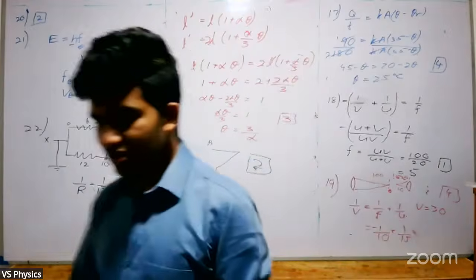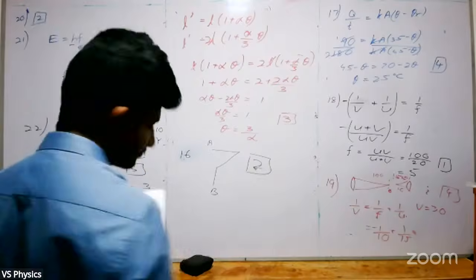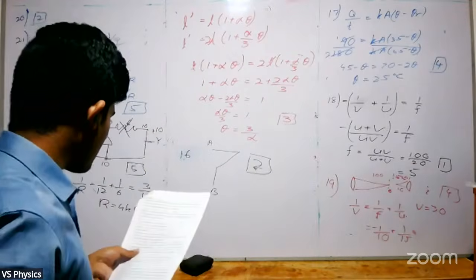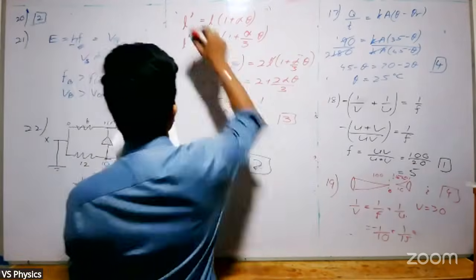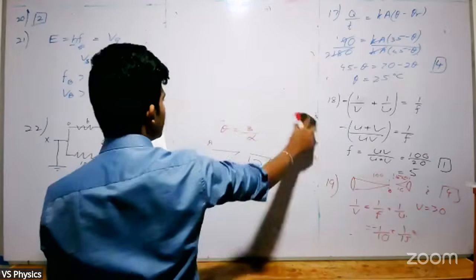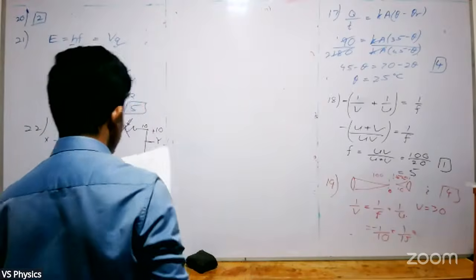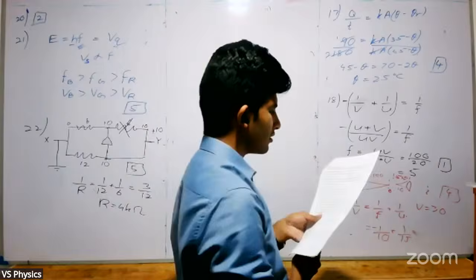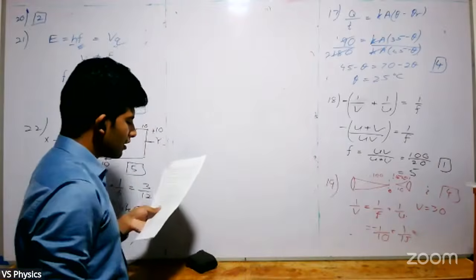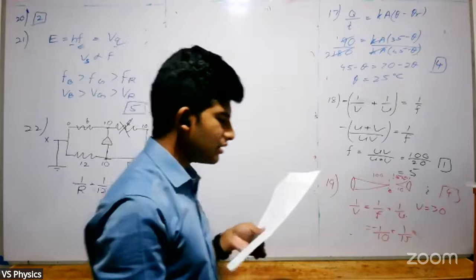23rd question. A closed room of volume 20 cubic meters has 75% relative humidity, where saturated vapor density is 20 grams per cubic meter.